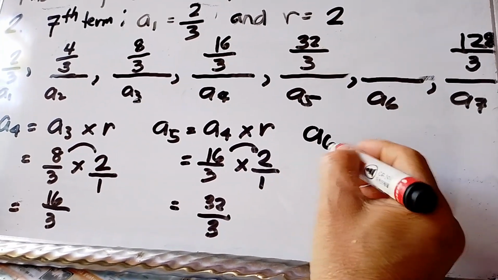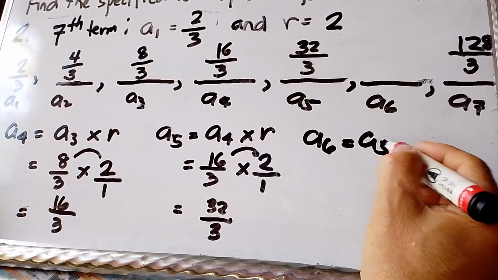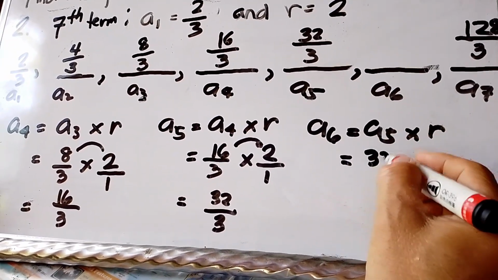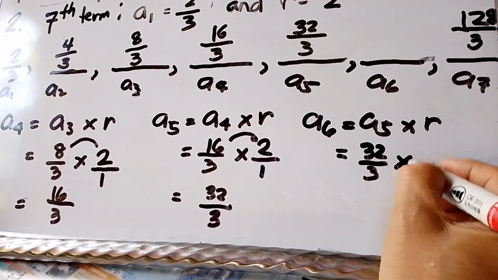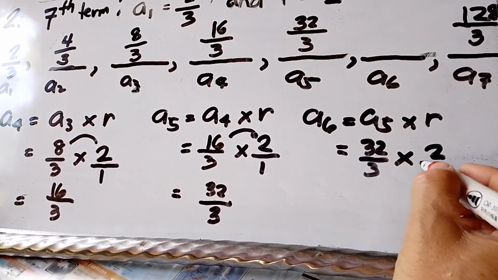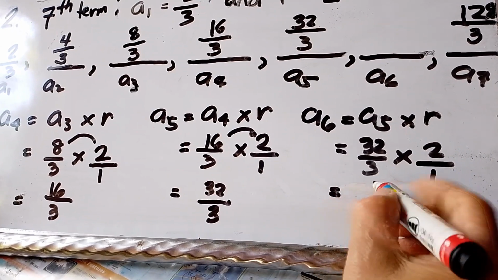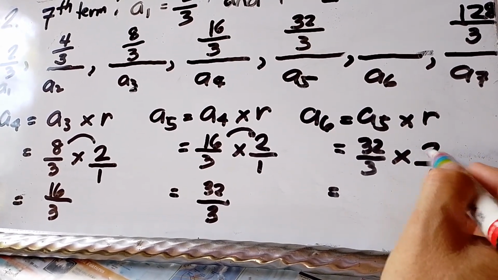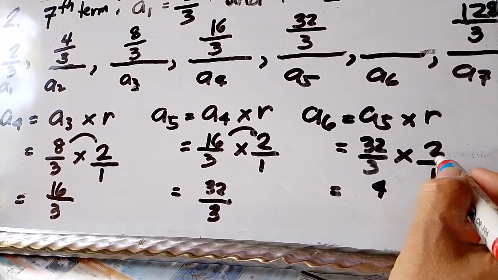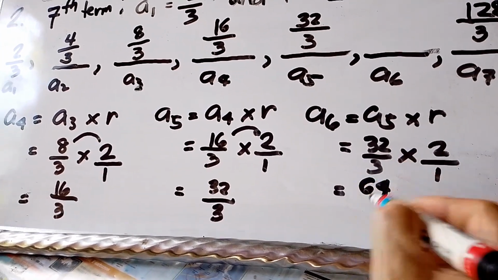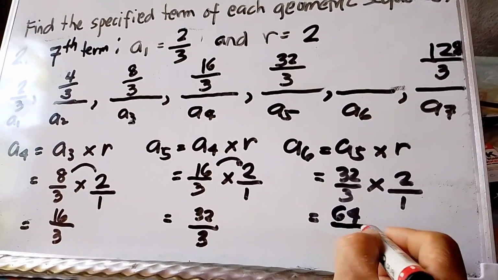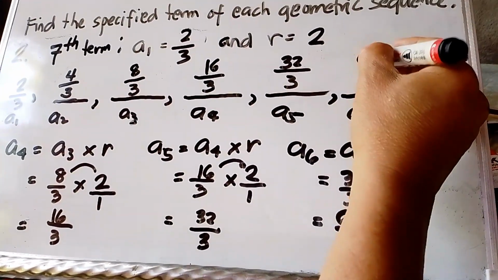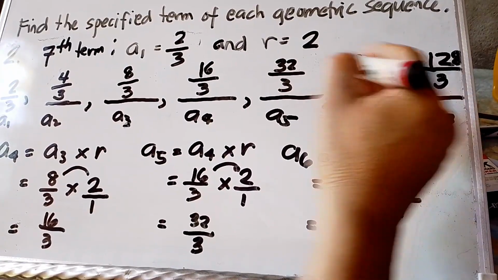Now, A6 is equal to A5 times R. So A5 is 32 over 3 times 2. This will be over 1. So 32 times 2, 2 times 2 is 4, then 2 times 3 is 6. Then 3 times 1 is 3. So my A6 is 64 over 3.